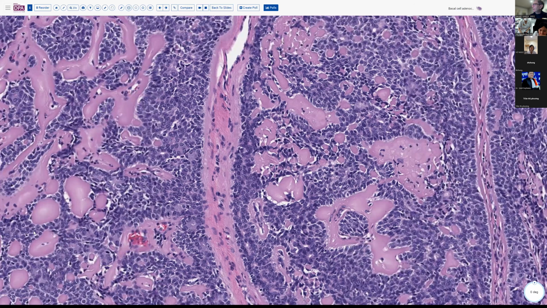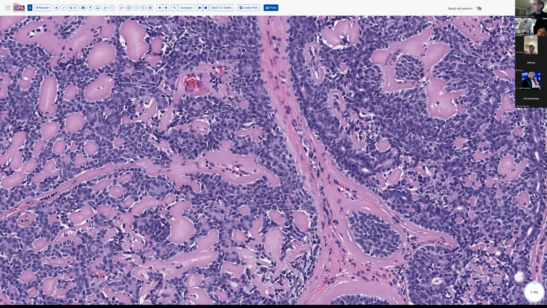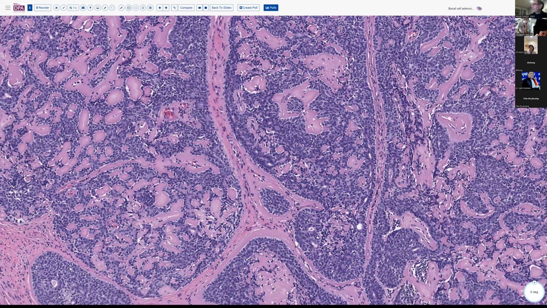It has a little bit of these inverted growth surrounding these hyalinized areas. A little bit of more ductal type differentiation here in a few spots, and another area of a few lumens and so forth.